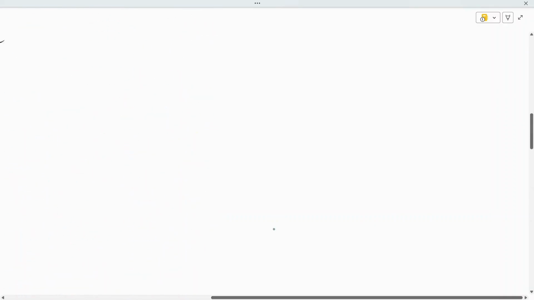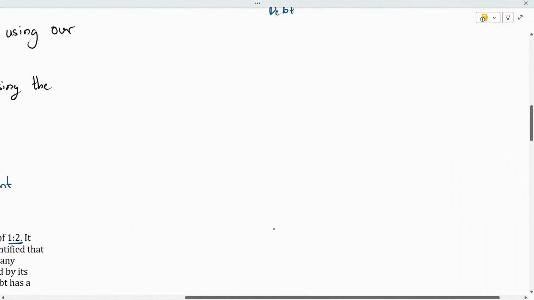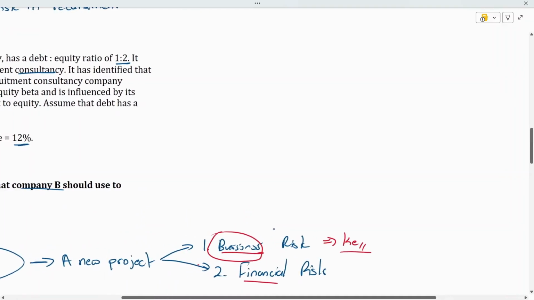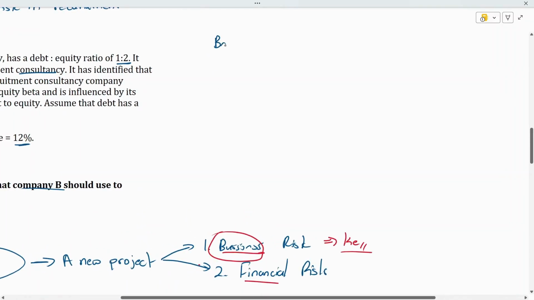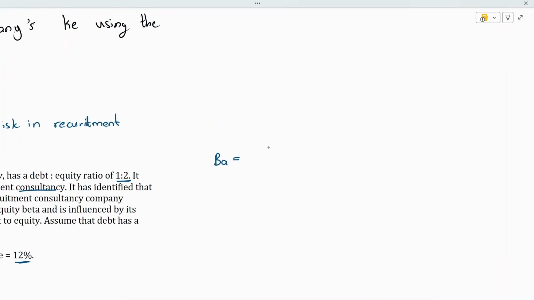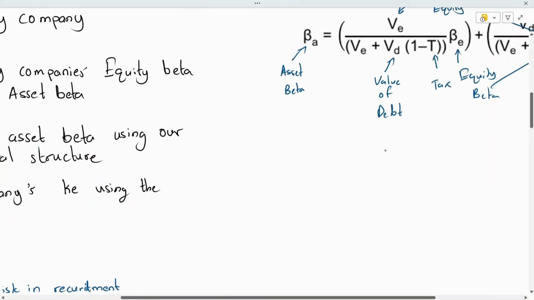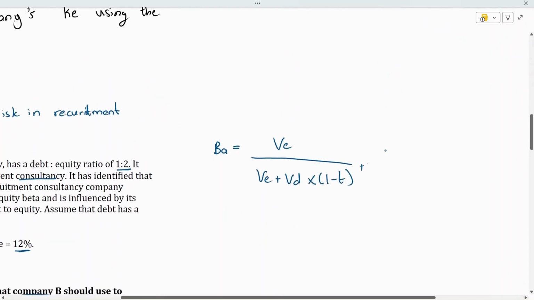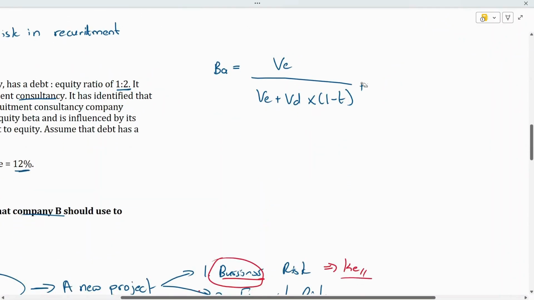So asset beta equals value of equity divided by value of equity plus value of debt into 1 minus t into beta equity.